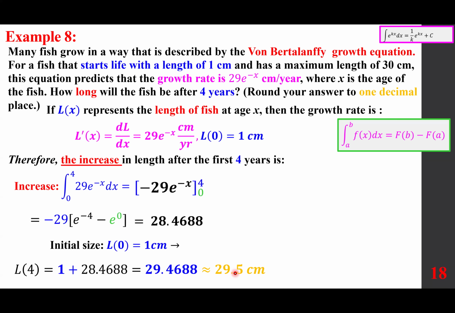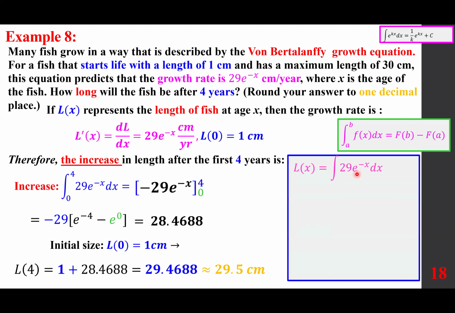If the question has several parts and wants the length of the fish at different times, such as 2 years old, 3 years old, 5 years old, 7 years old, it's better to find L of x in general. So if I integrate this without the limits, then it gives me the same answer as I have here plus a constant.